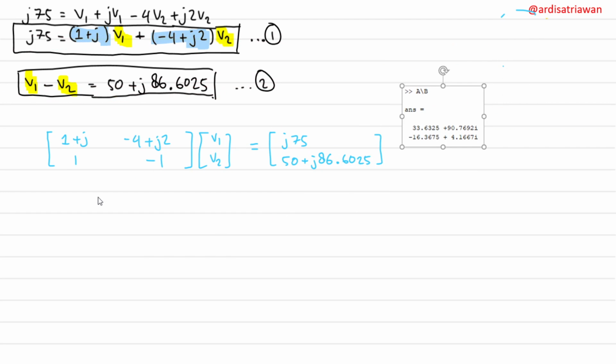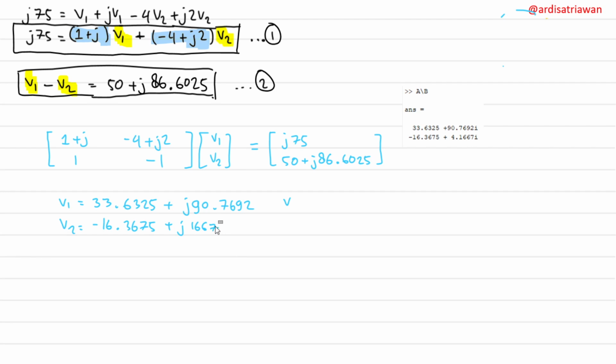So from MATLAB, I will have V1 equal to 33.6325 plus j0.692 volt, and then V2 is minus 16.3675 plus j4.1667 volt.